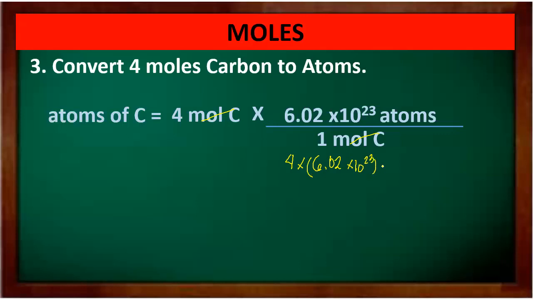Kung i-multiply yun, magiging answer natin actually is 24 times 10 to the power of 23. Ang sinabi natin, dapat isa lang yung number in front kay decimal point. So, i-convert natin ito to scientific notation, the right scientific notation. Saan bang point natin dito? At the end of the last digit or last number.